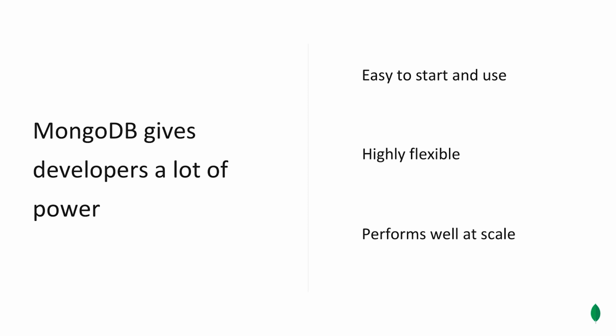The reason it's easy to use is because as a developer, you don't need to worry about setting up tables and relationships between tables before you even start building your application. You start an instance of MongoDB, whether via Atlas or locally, get a connection string, and connect your app code directly to MongoDB, and it just works after that.